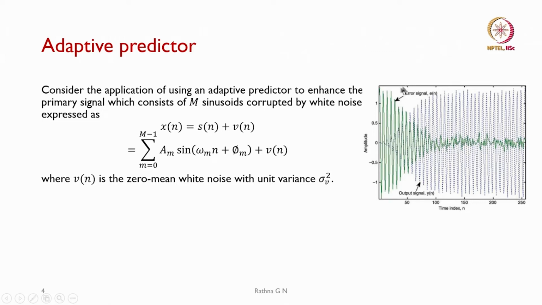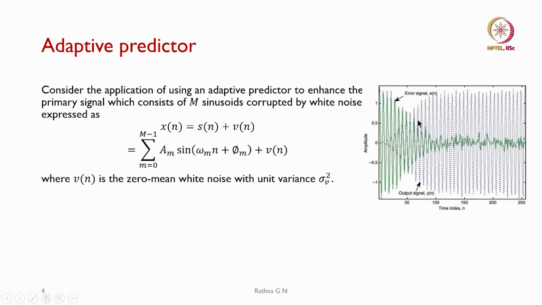This is the error signal. You will see that it starts coming down and then settles at some value. Now this is our output y of n and s of n is our input.